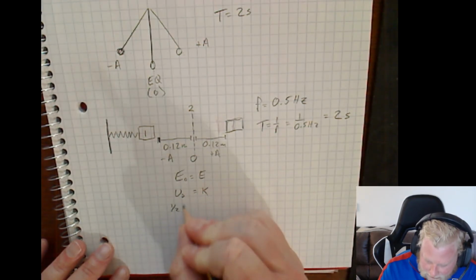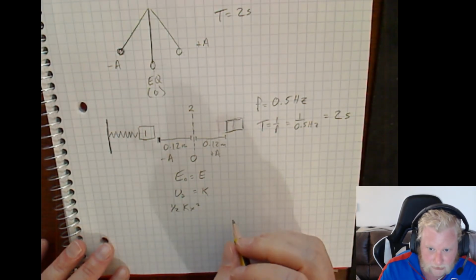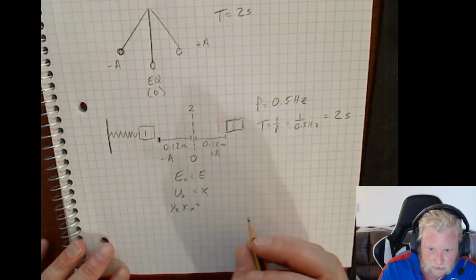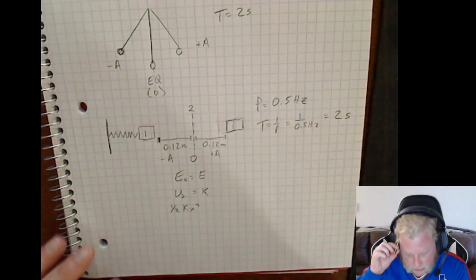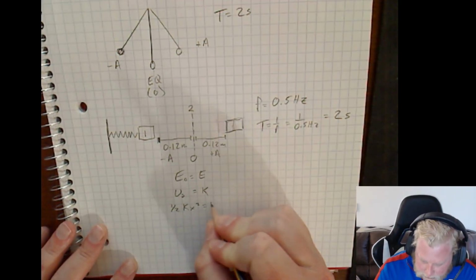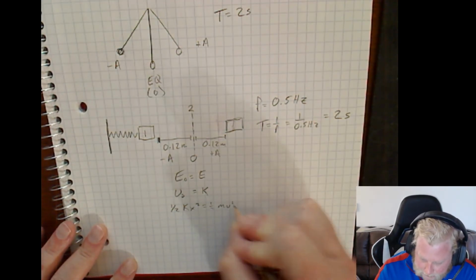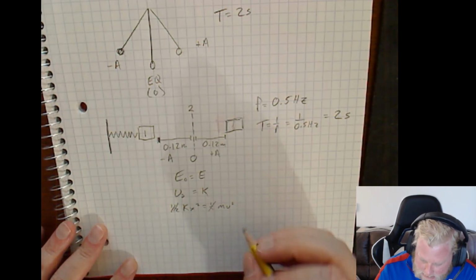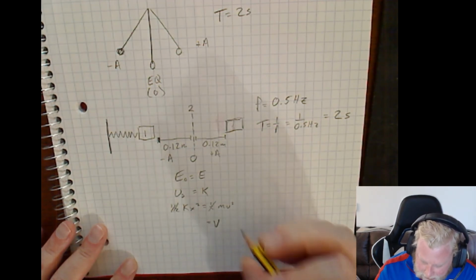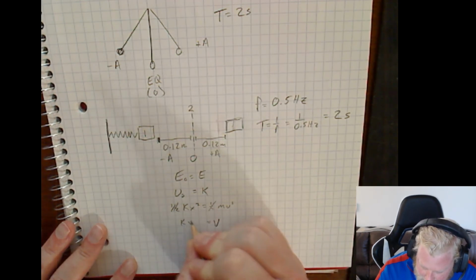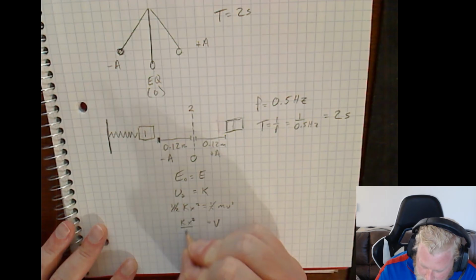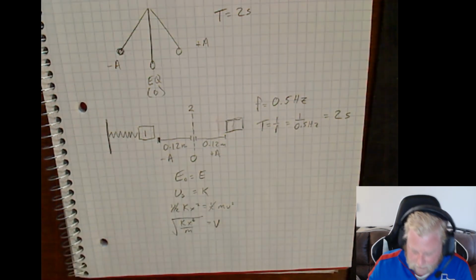So 1/2 kx squared equals 1/2 mv squared. So if we were to solve for v, you'd get the square root of kx squared over m.